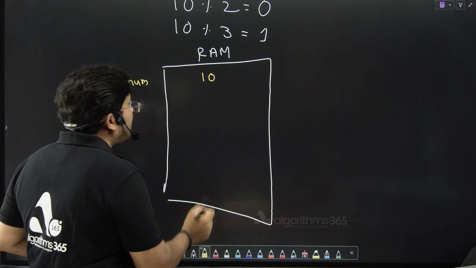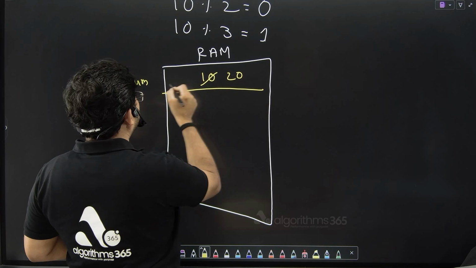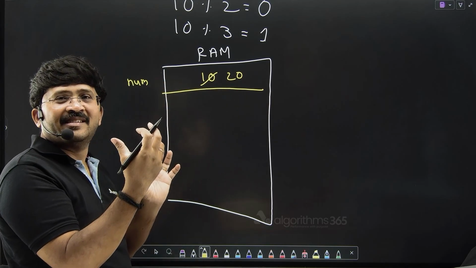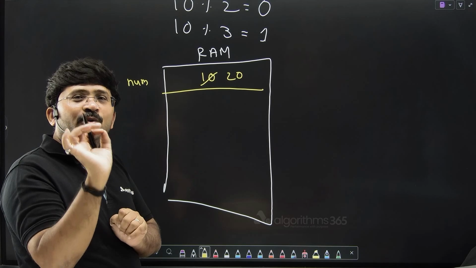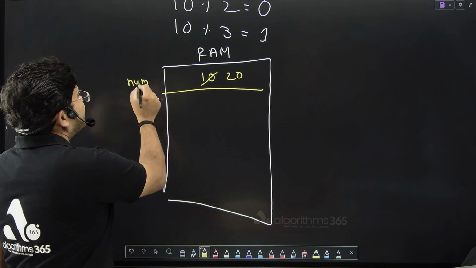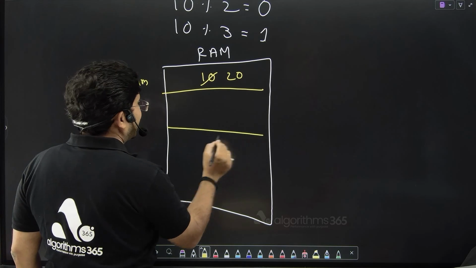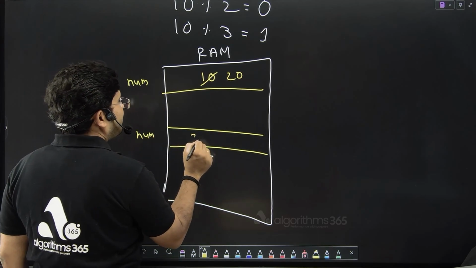If you change this value from 10 to 20, it just changes the value in that place only. It just updates the value in the RAM. But only in Python, if you change the value, this memory gets freed and some new memory gets allocated where it will set the value to 20.